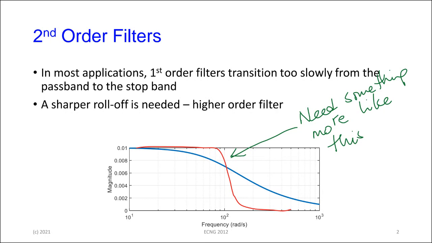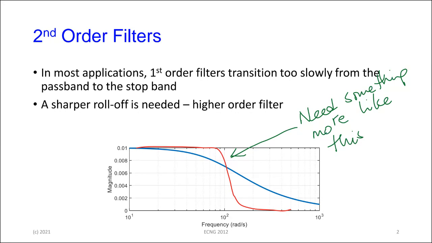So what happens is that in many cases, and maybe in the majority of cases, what you need is a response looking more like the red line, which is sharper, it goes up to the cutoff frequency, which in this case is 100 radians per second, and then changes fairly quickly.